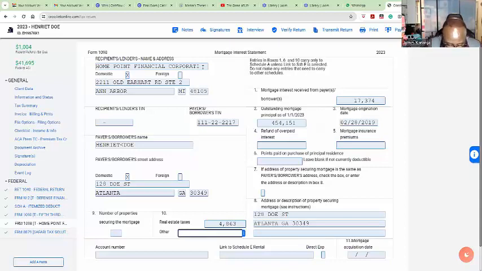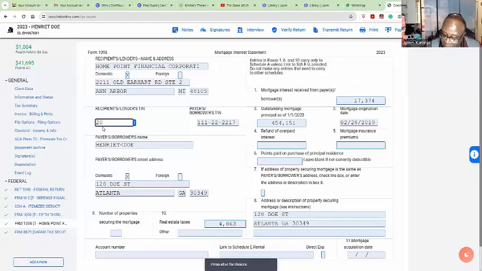Then after that, we put in the recipient's EIN number, which is down here, 20,892,1389. Okay. Once you put that, you're done with the 1098.